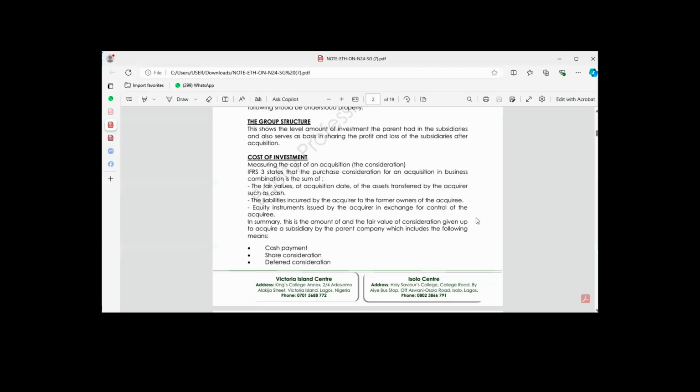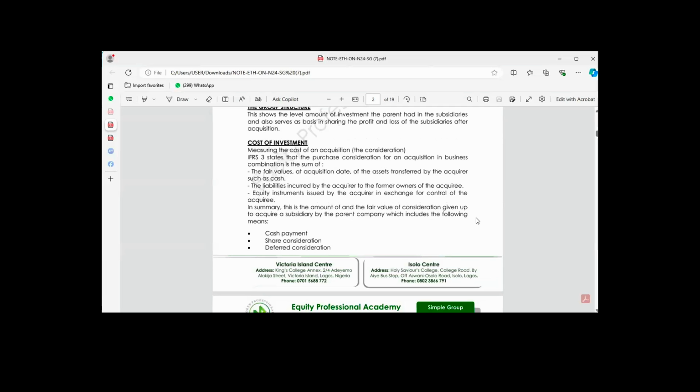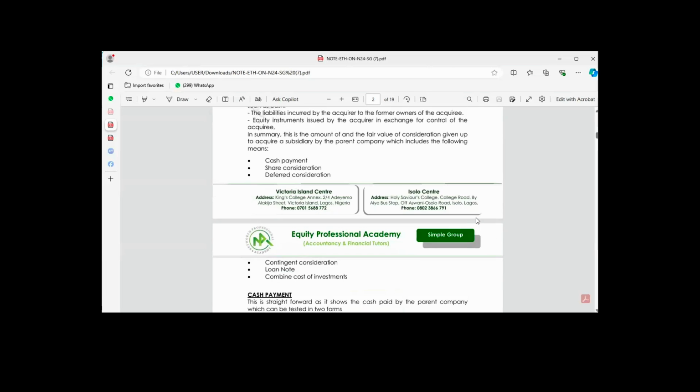You can decide to pay cash payment, share consideration, deferred consideration, contingent consideration, loan notes, and the combined cost of investment. That is it.